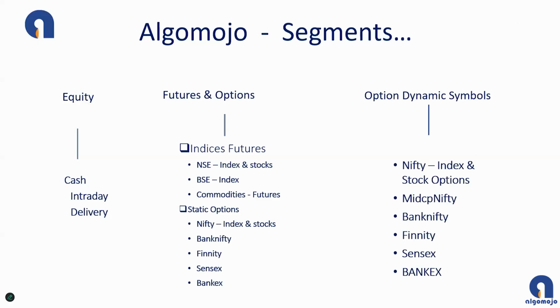You can trade in dynamic options. So whenever there's a signal coming in and you want to trade in, say, ITM or OTM or ATM, you can specify that. We will place orders as per your settings. Now, all these settings have to be done as a one-time activity. We will look at how to do the actual setup when we get into the platform demonstration.